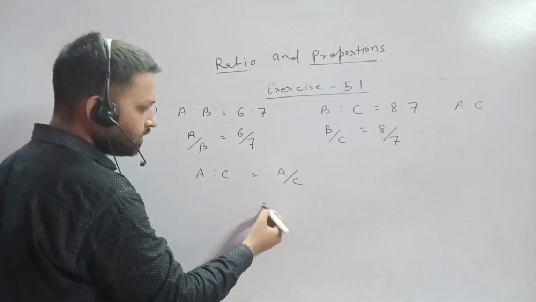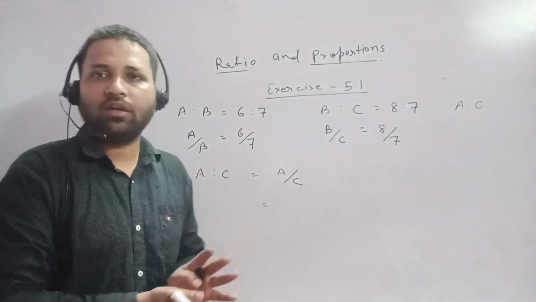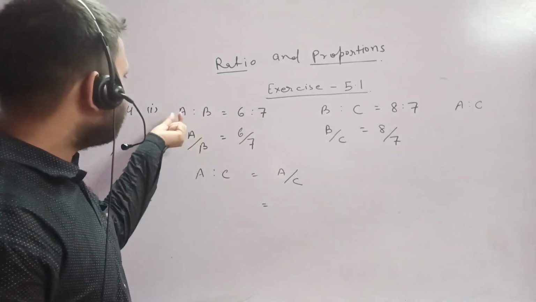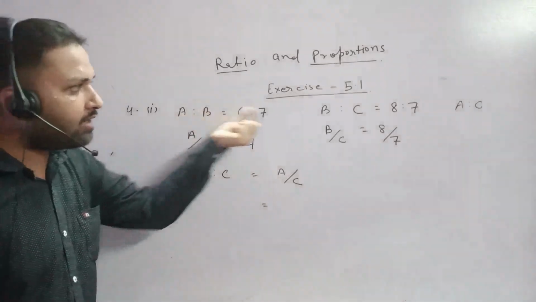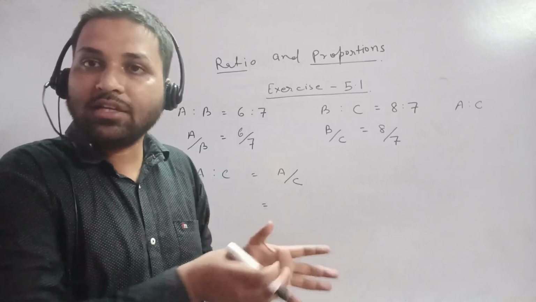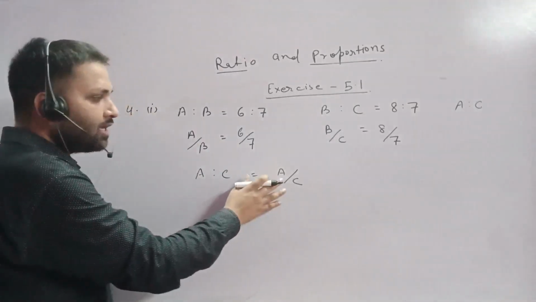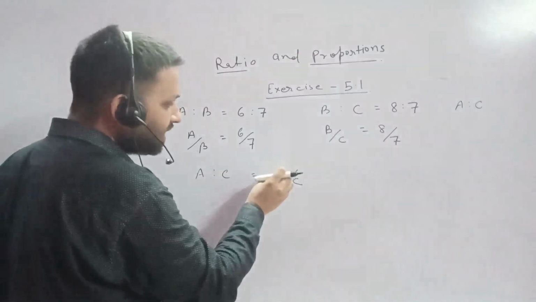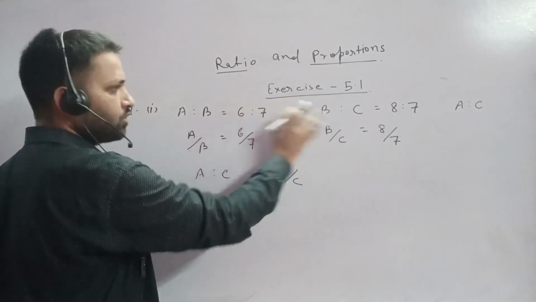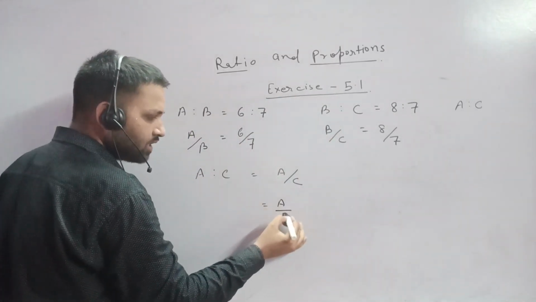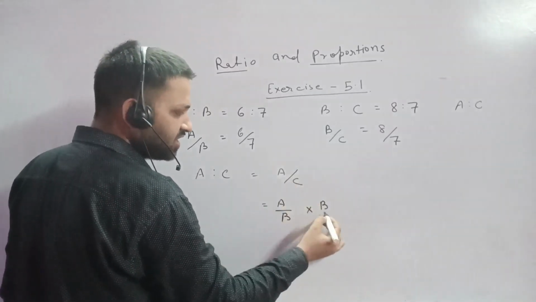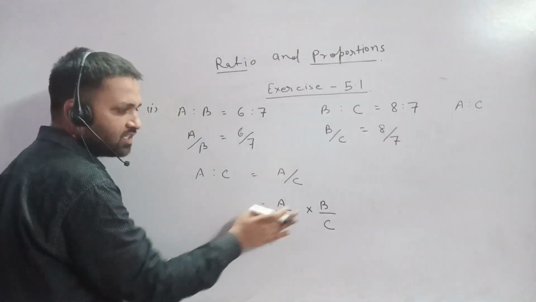Now if you see A is to C, B is not here. A is the antecedent of the first ratio and C is the consequent of the second ratio. Then B is eliminated in A is to C. Then you can arrange A by C in terms of the 2 ratios. A by C is written as A by B into B by C. See here, B is cancelled out.